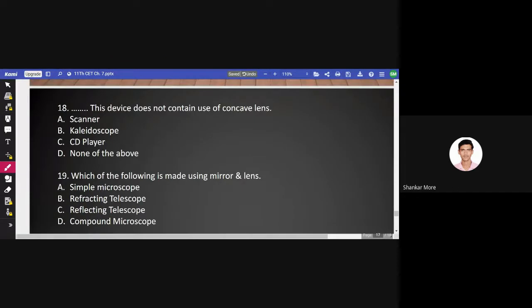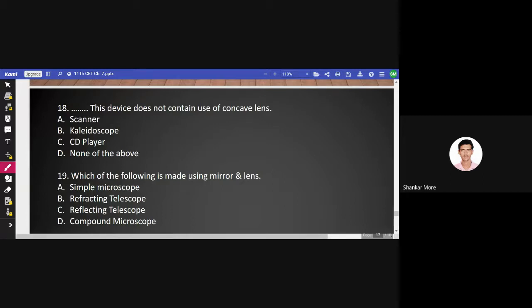The 18th question is: this device does not contain use of concave lens. So which instrument does not use a concave lens? Is it a scanner, a kaleidoscope, or a CD player? Okay, somebody is saying CD player, somebody is saying a kaleidoscope, and somebody is saying none of the above. So guys, the kaleidoscope is the device which I think does not use a concave lens, isn't it?